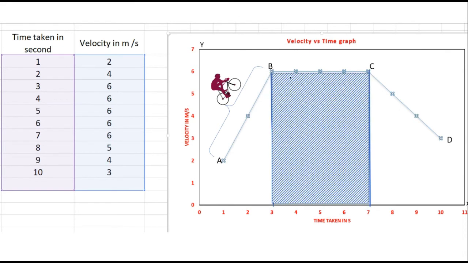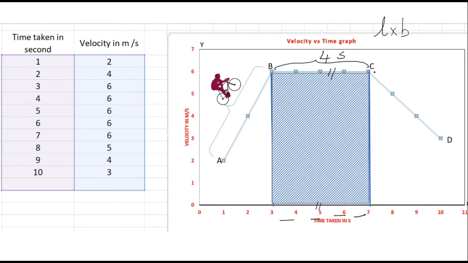And that area can be given by the formula length into breadth. Anything can be treated as length here. You can see now what is the measurement of B to C. So this B to C represents the time axis. So 1 here, 2, 3, 4. So it is 4 seconds.